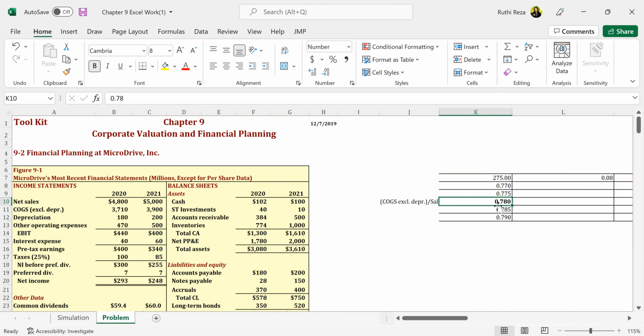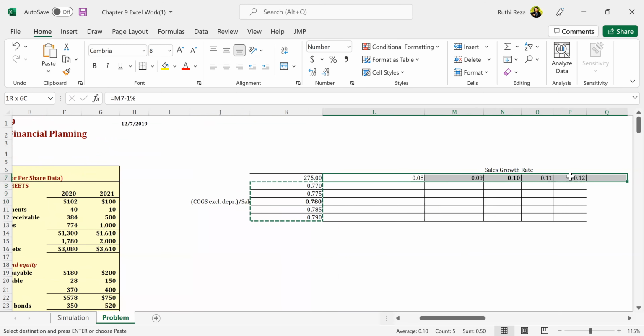Everything else here is text. That means they are just numbers. Only this one is linked to our forecasted financial statement.